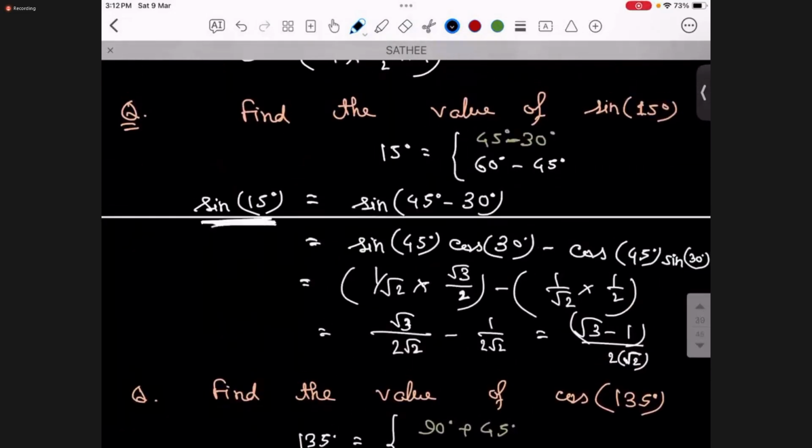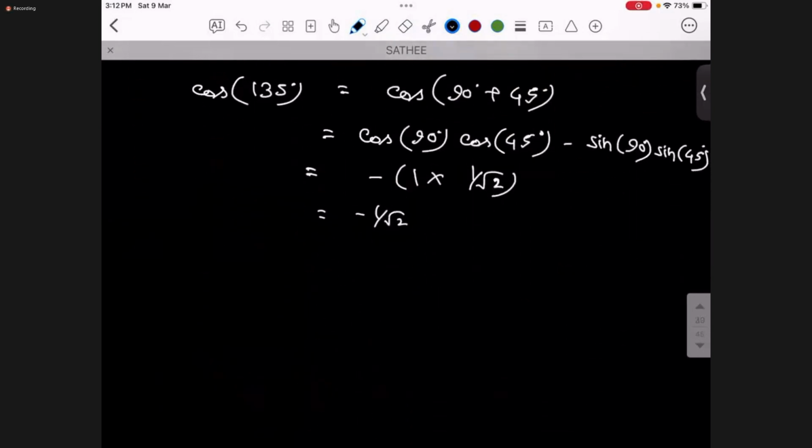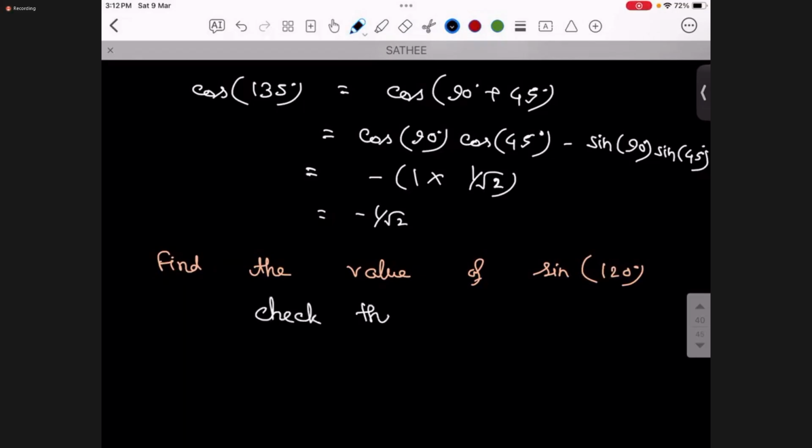Also you can use something like the value of sin 15 degree. Now using that, one can ask, find the value of sin 120 degree. Okay. Now just check that 120 degree is equal to 135 degree minus 15 degree.